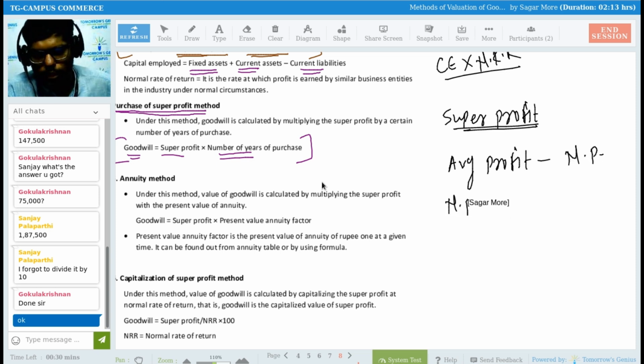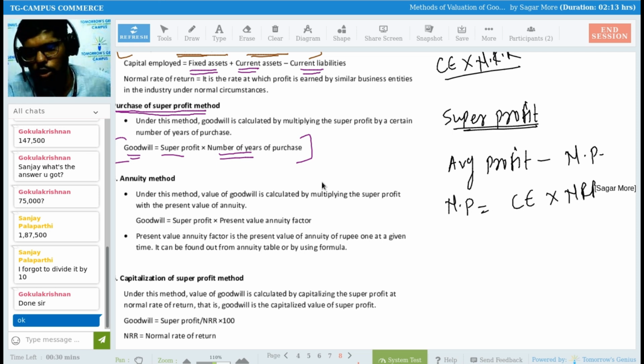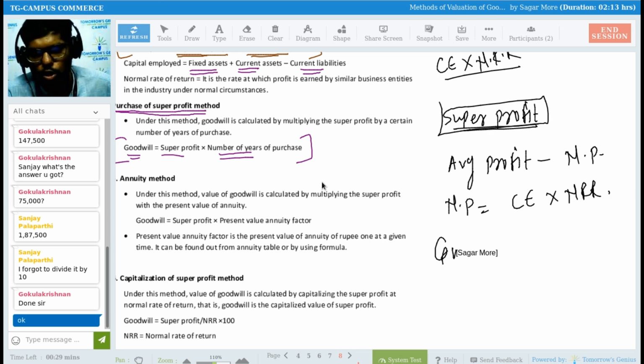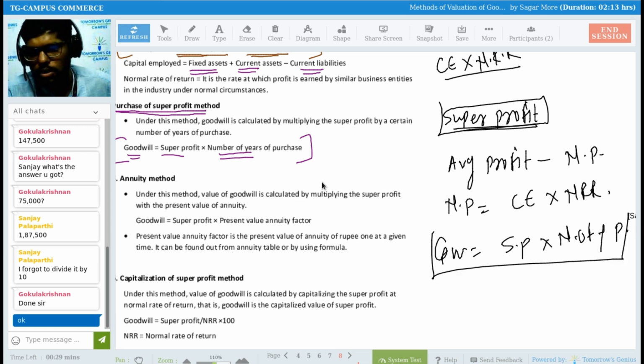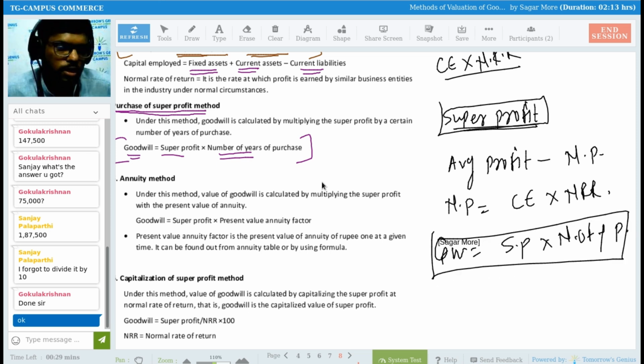So how to calculate normal profit? Capital employed multiplied by normal rate of return, right? Once you get to know the answer of super profit, you can put it into the formula of goodwill. Goodwill is equal to super profit multiplied by number of years of purchase, right? Okay, we'll discuss questions on it, then you will get more clarity.